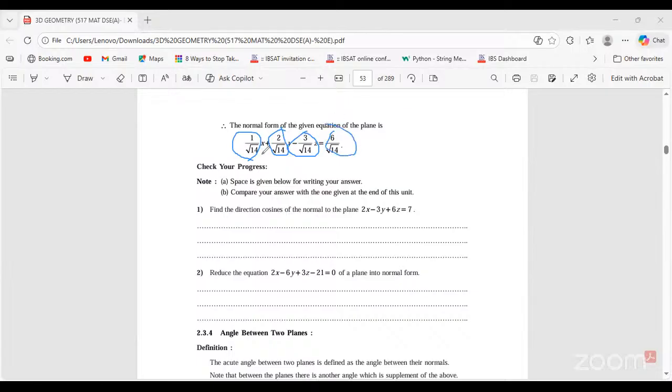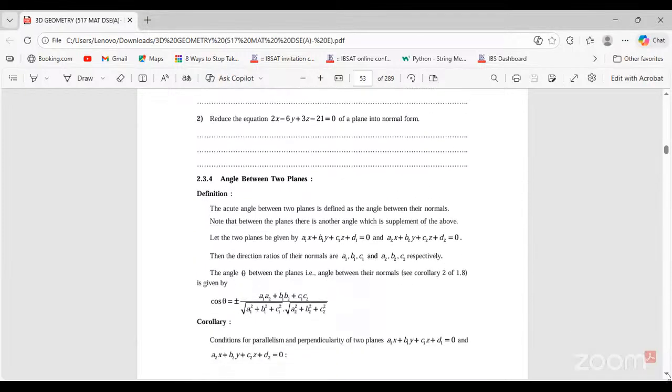So Lx plus My plus Nz equals P is the normal form of the given equation of a plane. This is the concept of the general form and the normal form of a plane equation.